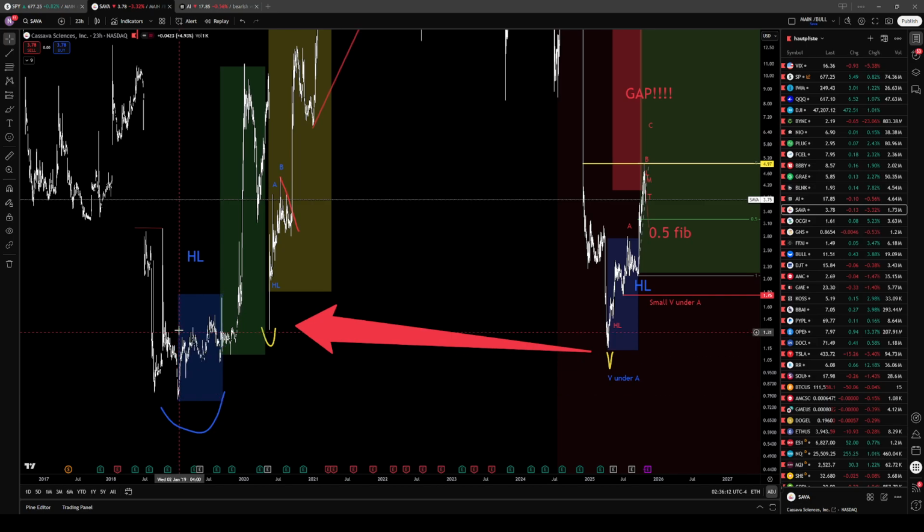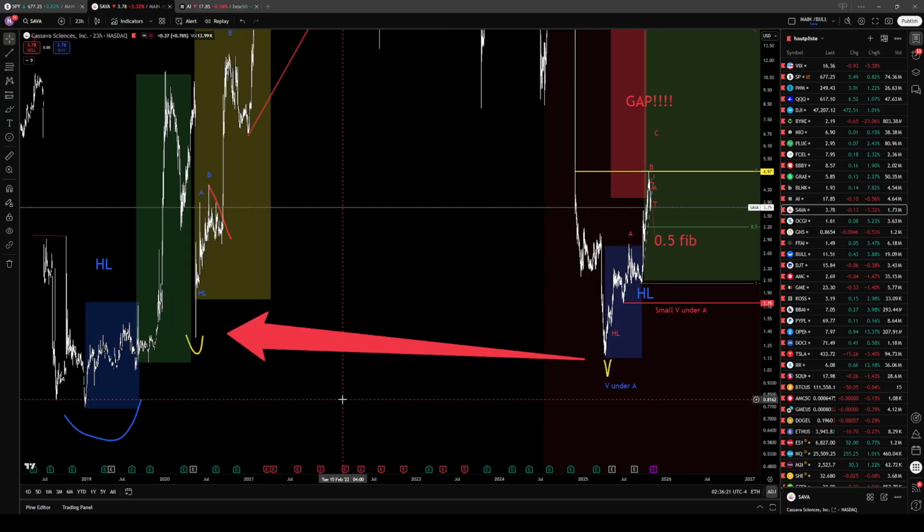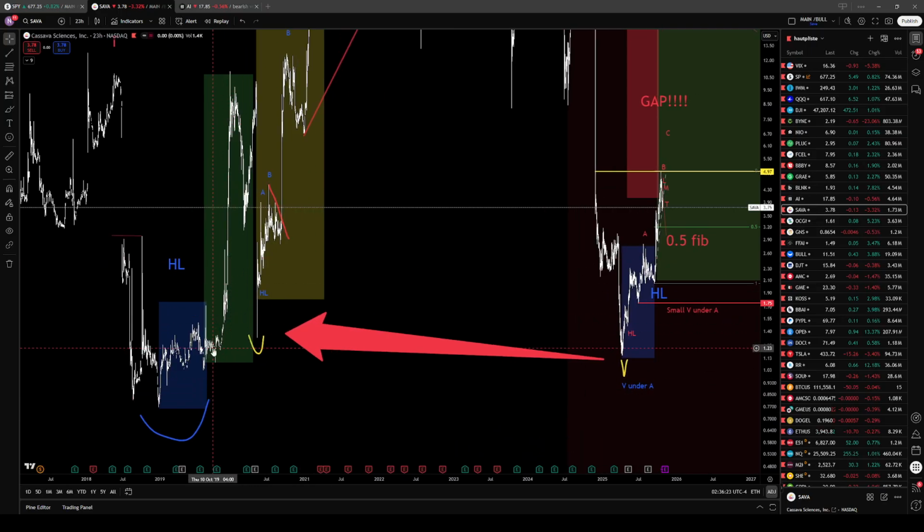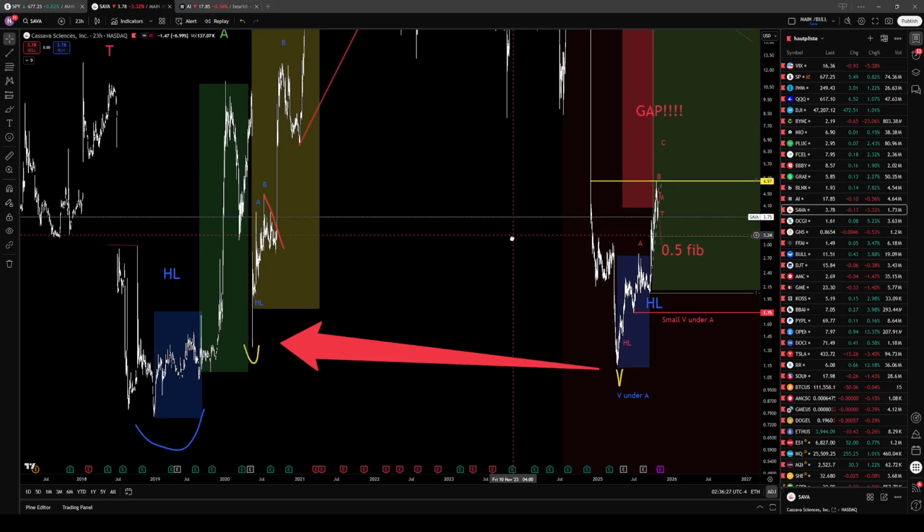And then we're doing this for the next 2 to 3 months, just boring uptrends. But I would still be convinced that we're doing this gap fill, then the latest March.